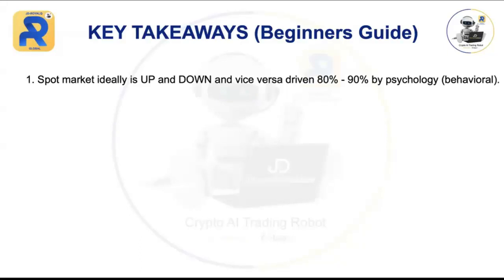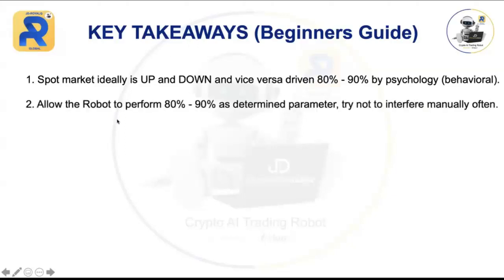So these are the bad narratives. And what happens? The newbies, the people who are new in this industry, will sell their crypto holdings. When they sell, what happens? These are all driven by psychology, not technical at all. All is behavioral. Okay, so please understand. But nevertheless, in the spot market, the market goes down, the market goes up. It's usual. We need to accept this. Okay, the most important thing.